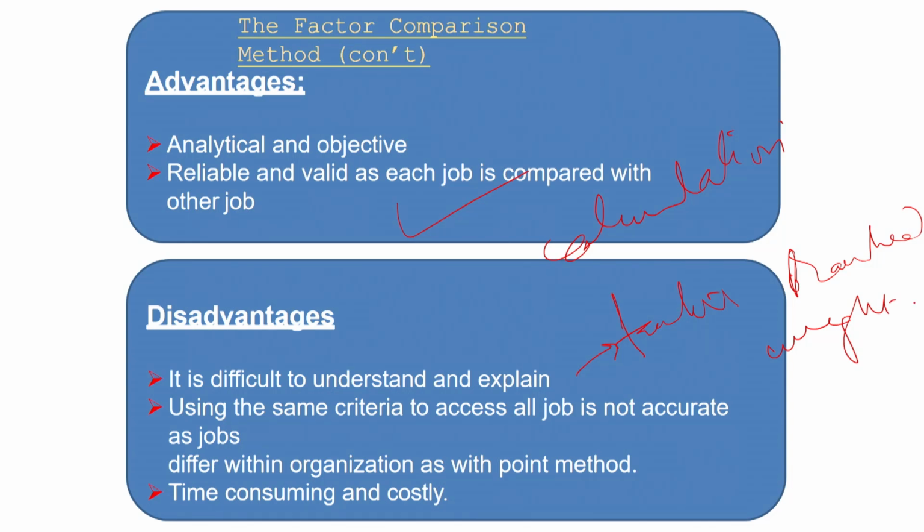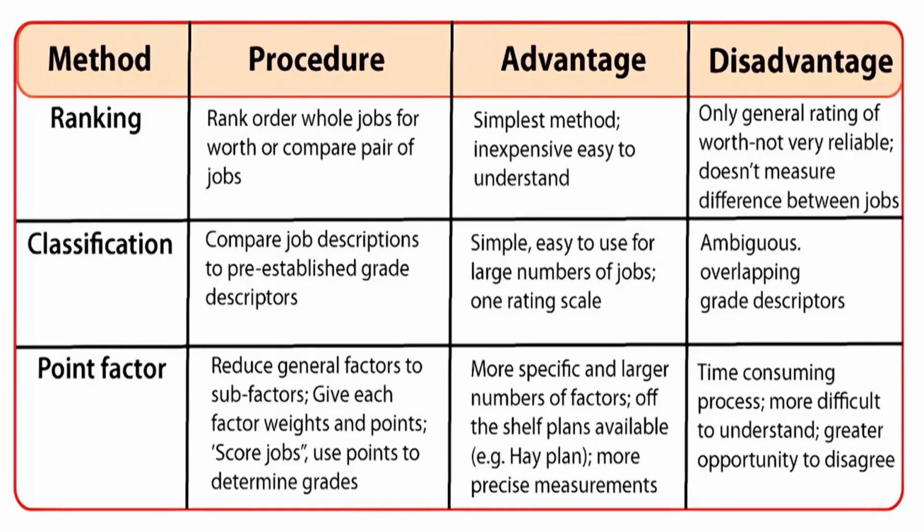So it's very expensive and time consuming, and using the same criteria to assess all jobs is not accurate, because in every organization every job has its own call. As I told you, some jobs will call for a higher level of physical exertion, and some jobs will call for a lesser physical exertion. And it's very time consuming and costly.